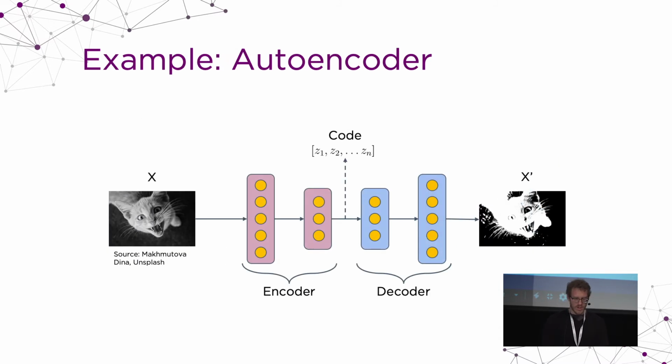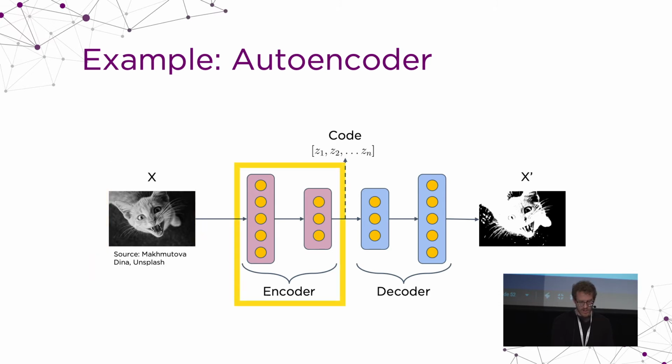So the autoencoder is a very old model in the literature. It's a model to do unsupervised learning. So here I don't have any labels. I just have, as an example, images. And what I want to do is to try to find the low-dimensional manifold that I was talking about before. So I start with this image in a high-dimensional space.